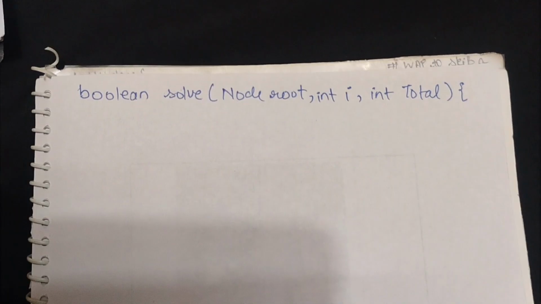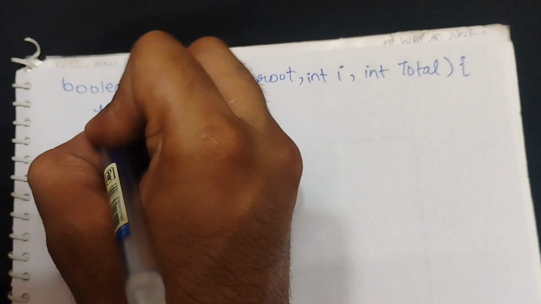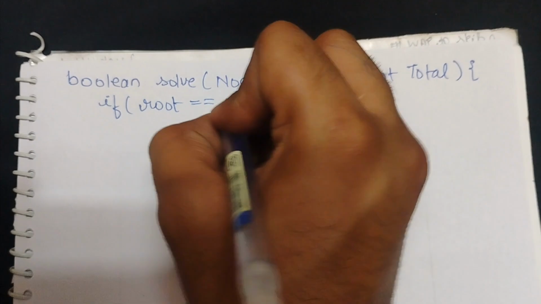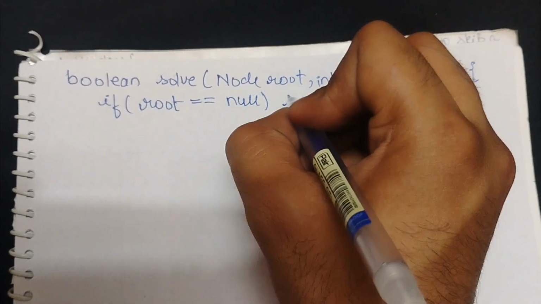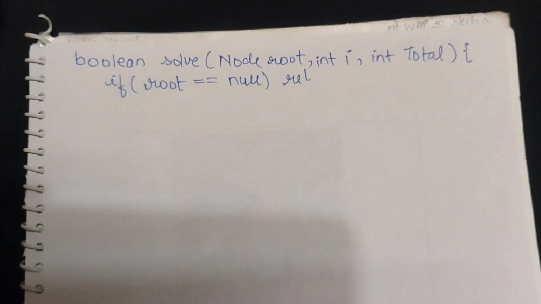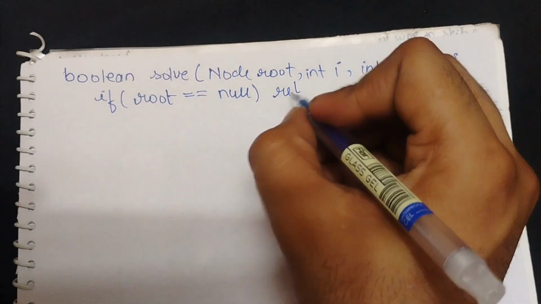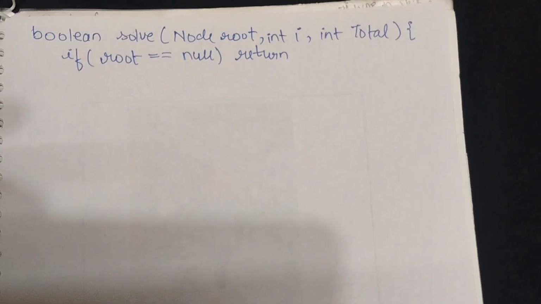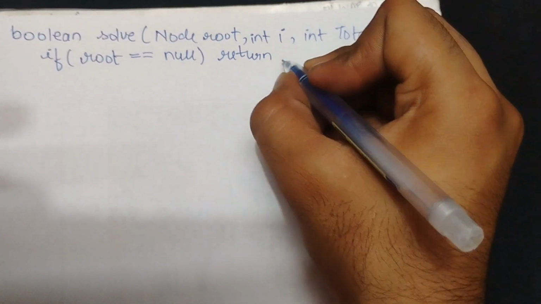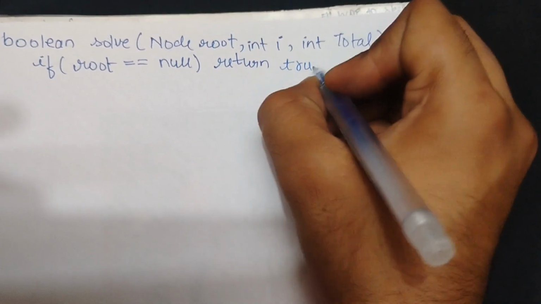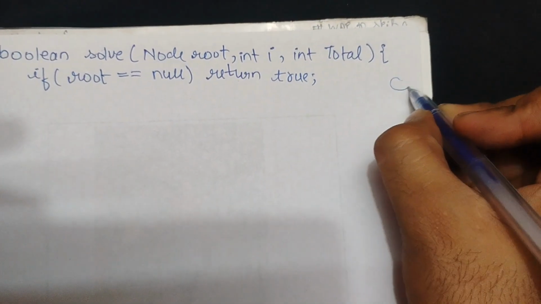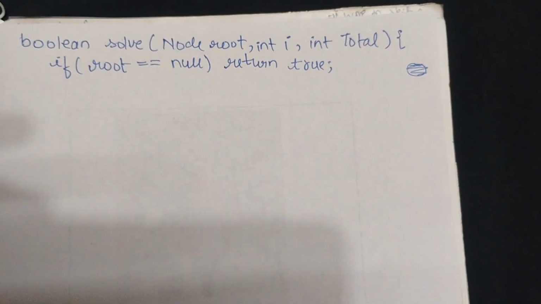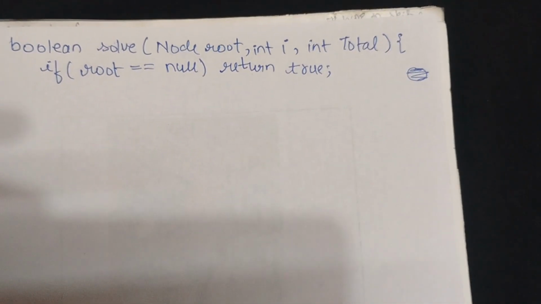Okay, now the base case: if root is null, I'll return true, because if there is no node, we can say that it is a complete tree, right?